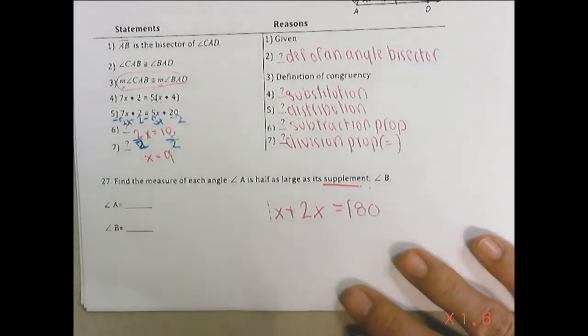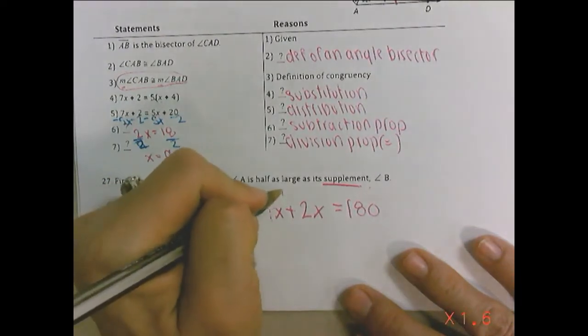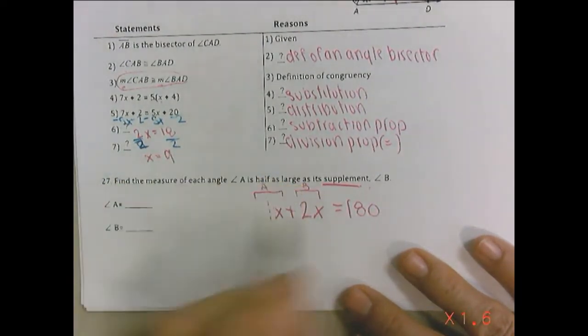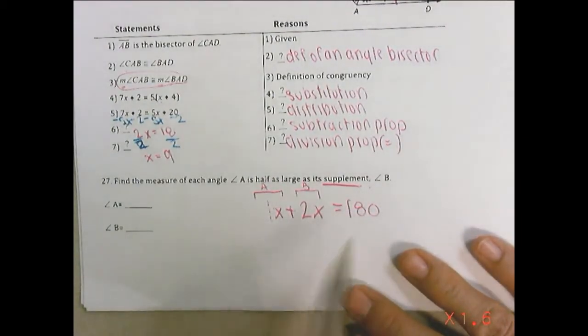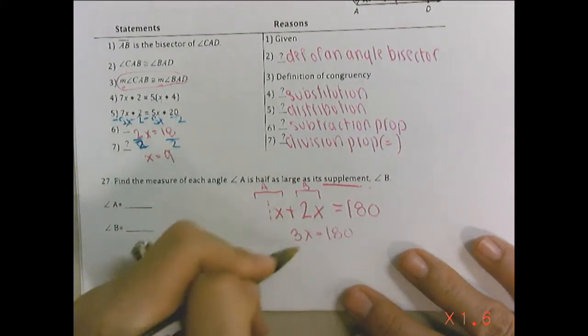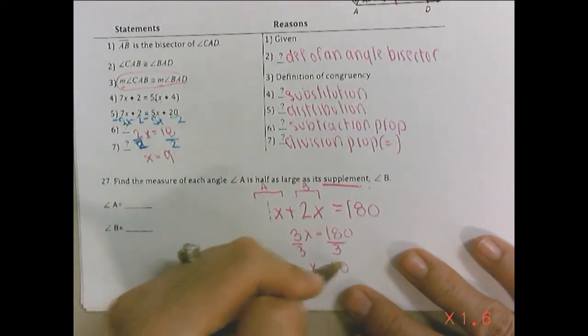And there's my equation. A is half as large, so we could say that this one was A, and this one was B, its supplement. They add to 180. I will combine like terms, divide by 3, and I will get x equals 60.